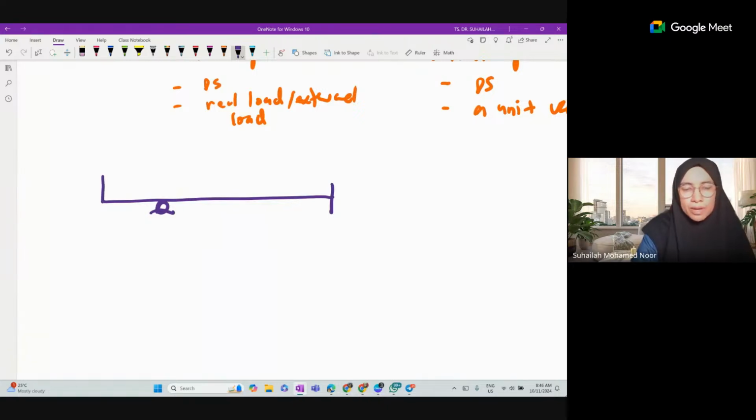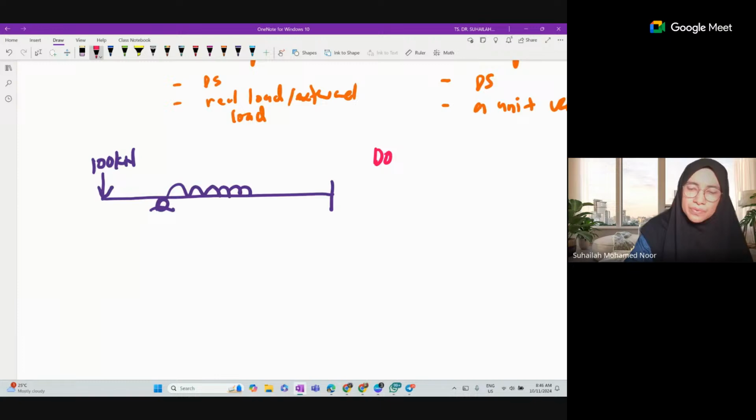Now this is a point load, 100 kilonewton, for example, and we have one UDL like this. This is an indeterminate beam. Looking at the supports, there are 4 unknown reactions, 4 minus 3, so this is one redundant.